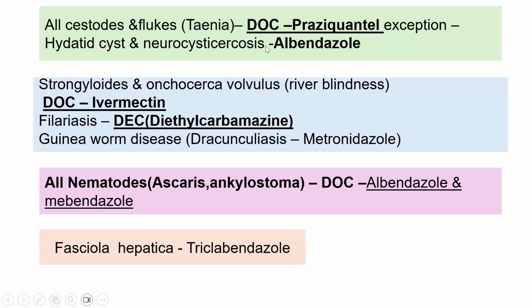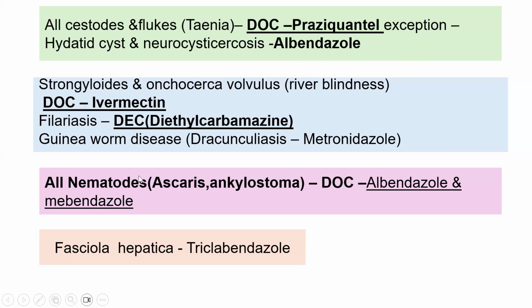And overall uses of these anti-helminthics. Remember, for all cestodes and flukes, drug of choice is praziquantel. Okay, so cestodes, flukes, mainly taenia infection, Taenia solium, everything, drug of choice is praziquantel. Except hydatid cyst and neurocysticercosis, albendazole is there. This is the important MCQ. Drug of choice in neurocysticercosis is albendazole.